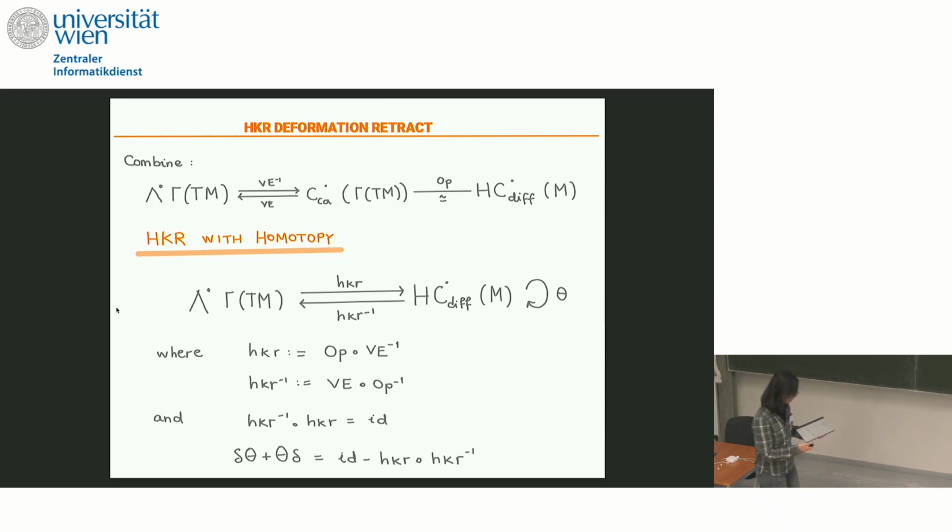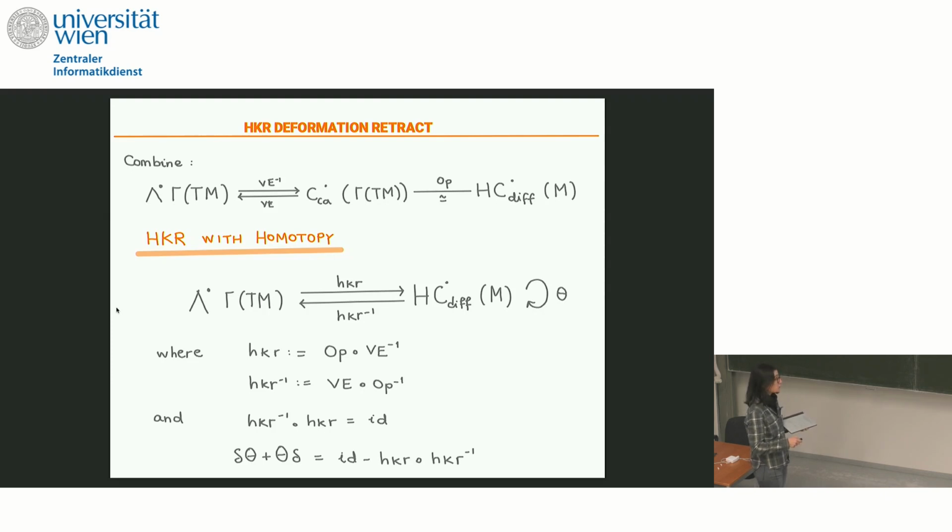So you see, I got now the HKR map, which I can write just as a composition of the isomorphism and the quasi-isomorphism of Van Est. You can write it down, it's pretty easy, and you can check very easily that this is the same as the very first map I wrote you, the classical HKR morphism.